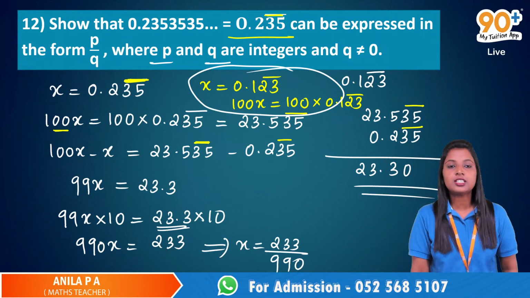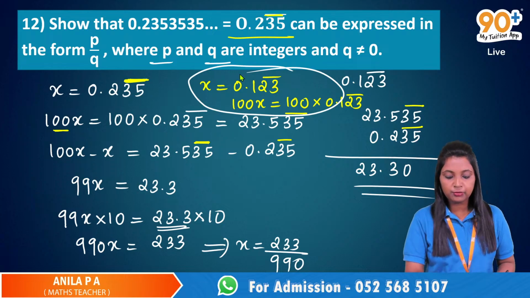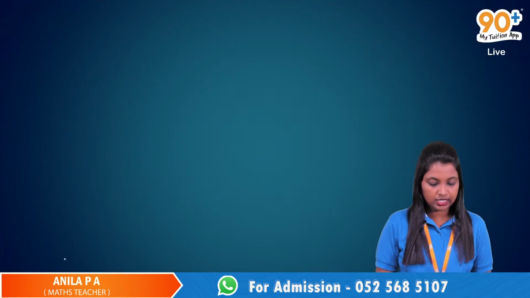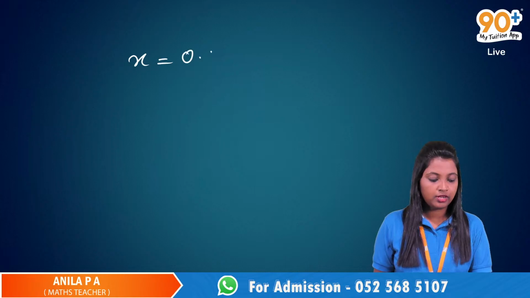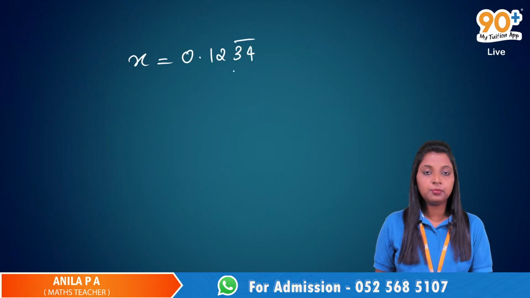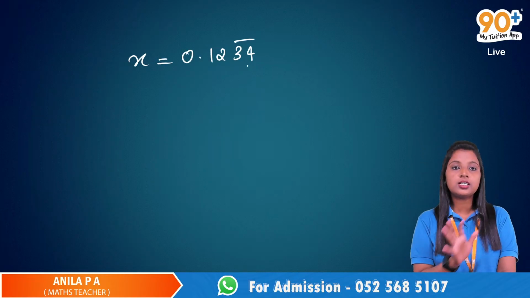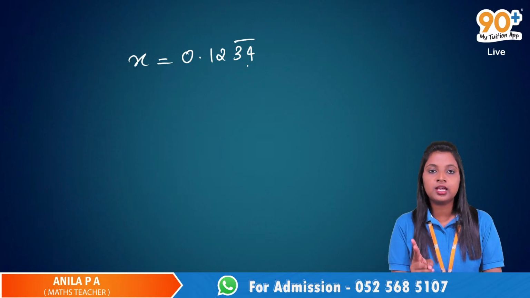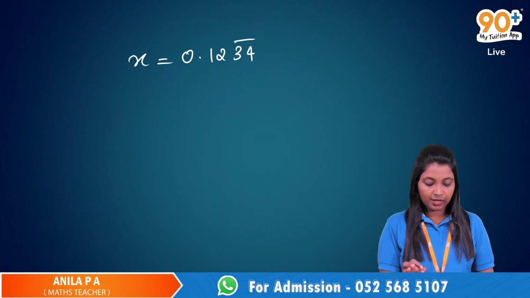Yeah. So this is how we solve this question. If the bar is only for, if it is like x is equal to 0.1234 bar is only for this 3, 4. Just consider 3, 4 only, two digits are repeating. Just consider the repeating digits only.